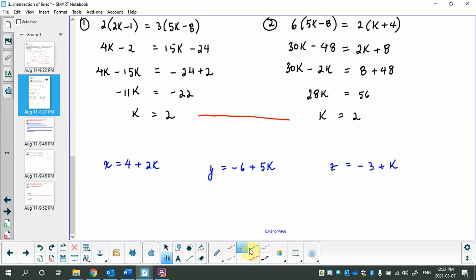So x is equal to 4 plus 2 times 2, 2 is k. So it's 4 plus 4, which is 8. This one, negative 6 plus 5, k is 2.